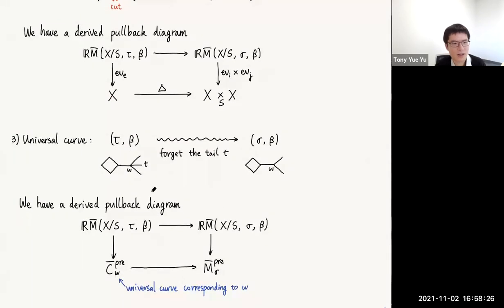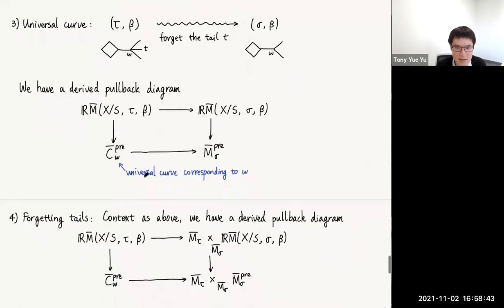Similarly, we also have the universal curve property. If we have some graph and we forget the tail, then we get this derived pullback, in the same context as above.